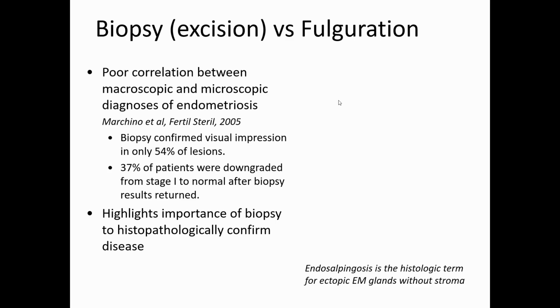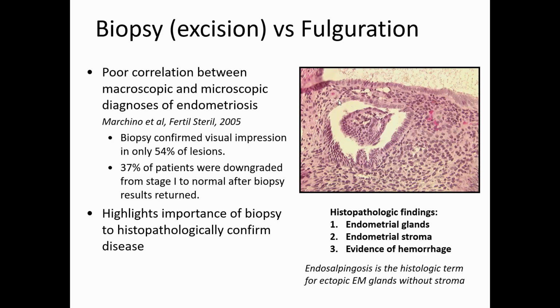So with as much that goes into endometriosis diagnosis and treatment for patients, I feel like precision in terms of the diagnosis is really important for a given patient, and that precision can be better had through a biopsy of the lesion to get the histopathologic confirmation.